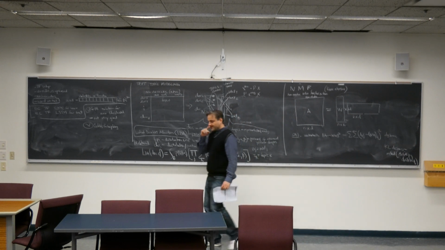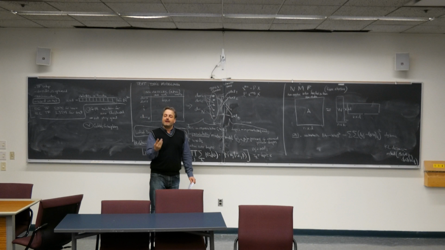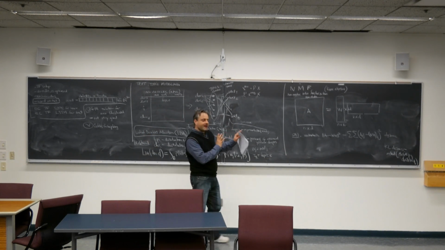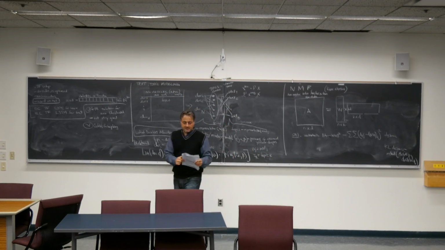So KL distance is a function that takes two distributions and tells you how far apart they are in a particular sense. It's not exactly a distance because it's not symmetric. If you do KL distance of P versus Q, it's not the same as Q versus P. But we don't want to get right now into the mathematical details of KL distance.